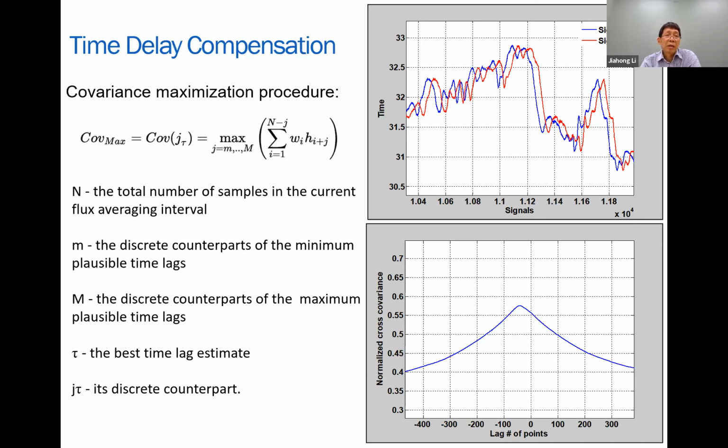So we use a covariance maximization procedure to determine time delay. As you see from the two graphs here, we first calculate the covariance of the two signals with different time lags. When the covariance reaches the maximum, that's the peak, the true time delay is detected.